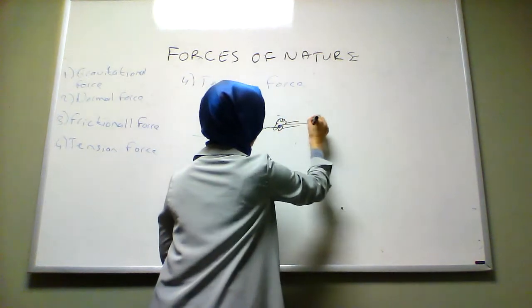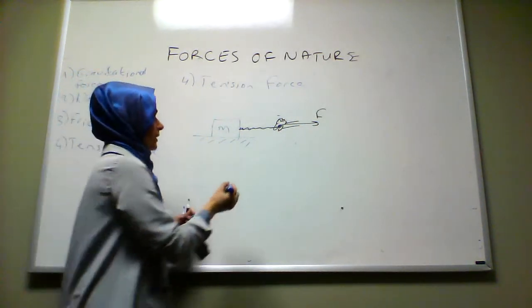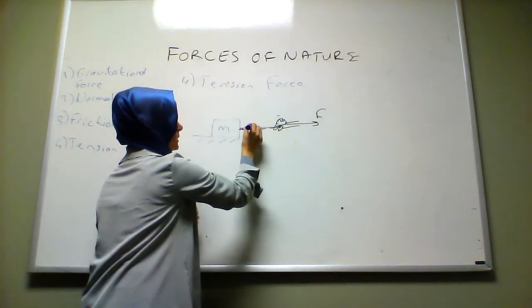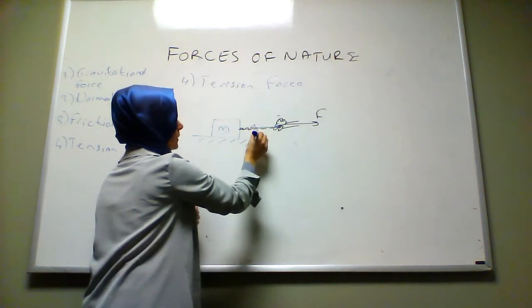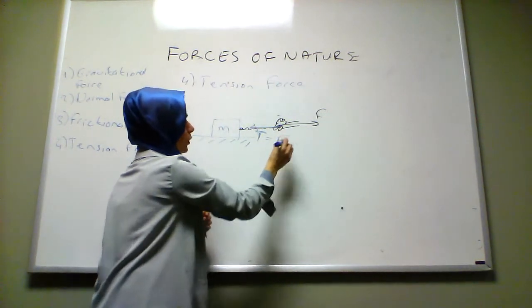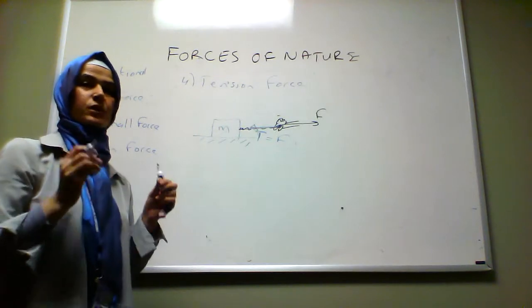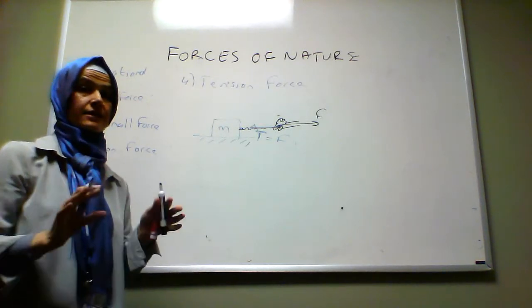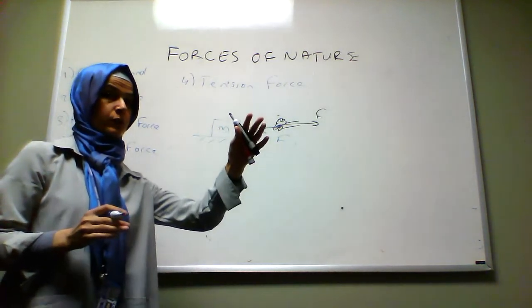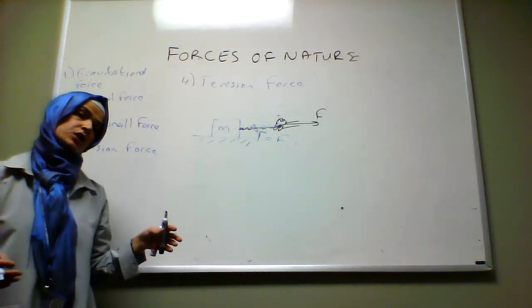The person is pulling it with a force F. The tension in the rope we generally will call T. It is equal to F in the opposite direction, and along the same rope tension is always the same.